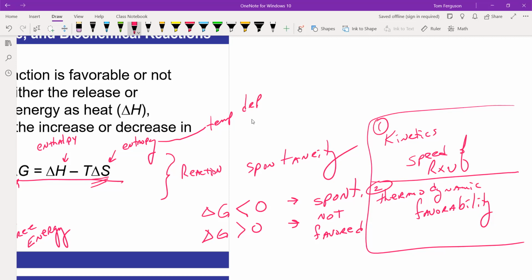There's the kinetics, in other words, how fast does a reaction go, and the thermodynamic favorability, which goes to this delta G. If both of them are high, the reaction will go very fast. For example, when you light a match, the red phosphorus on the end of that match goes very fast and it's highly favored. So the delta G is very low.